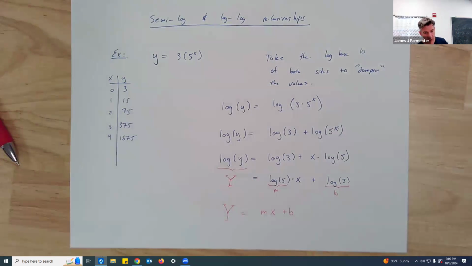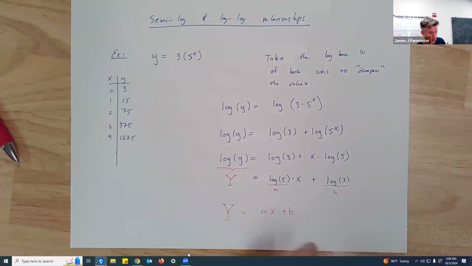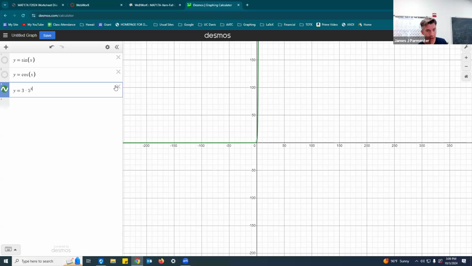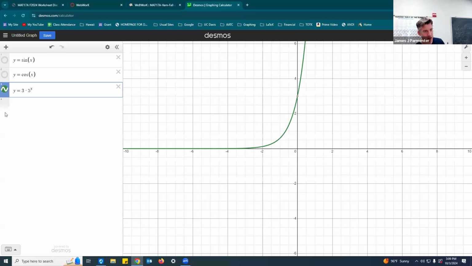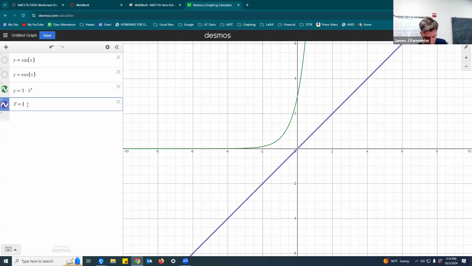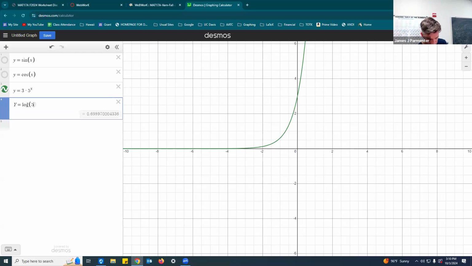So graphically, what we've done is we've turned this wild looking exponential equation, wild, maybe an exaggeration there, but this exponential equation into now something that looks like this. Log of y, which I'm just going to write as y still, is going, let's use capital Y just to be expressive here. Y is equal to log of 5 times x plus log of 3.